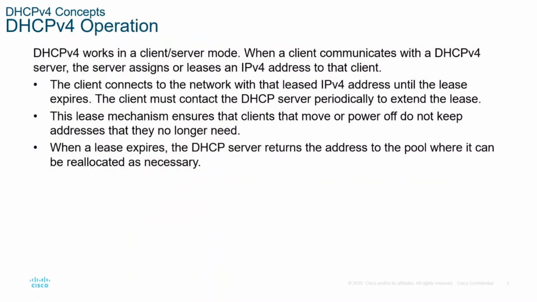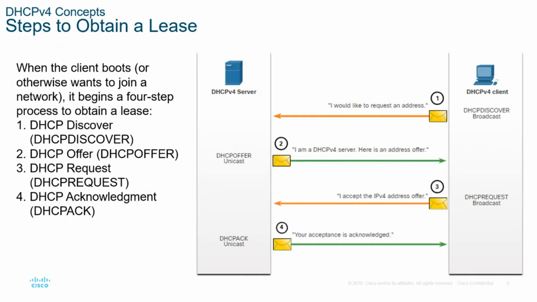So let's look into the DHCP operations. This is the step by which a client will receive the IP address automatically from the DHCP server. This is the process to obtain a leased IP address from the server.